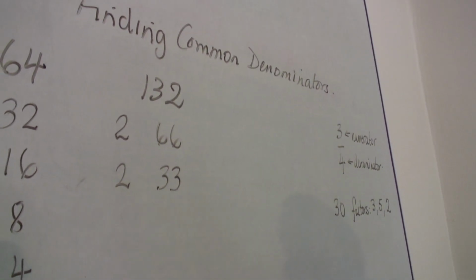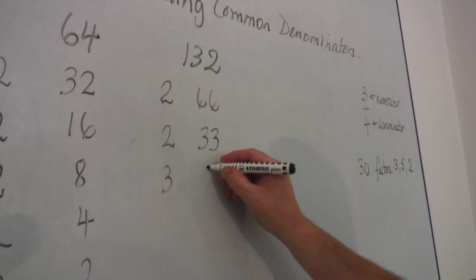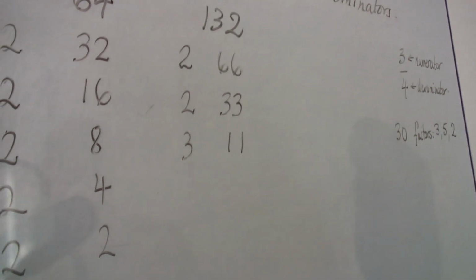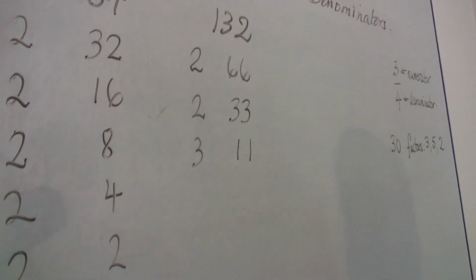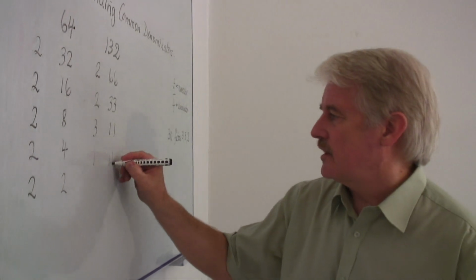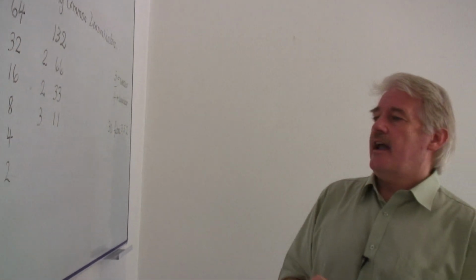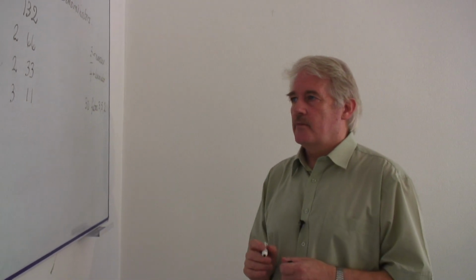But 33 won't divide by 2, but it will divide by 3, and it will leave me 11. And then I can divide it again only by 11. So 1, 11 is all I get. So in fact, 11 is the end of the trail, you might say.